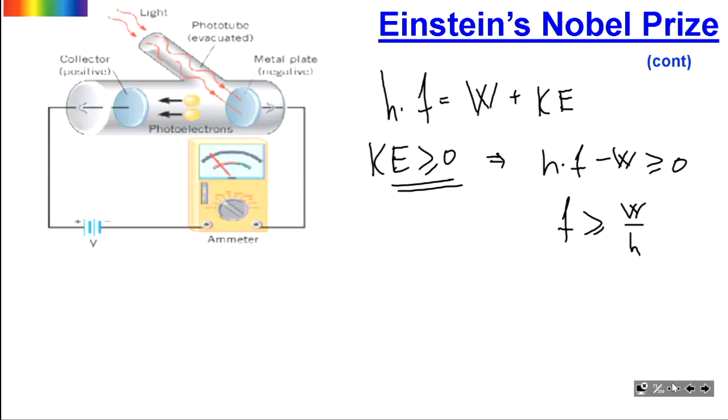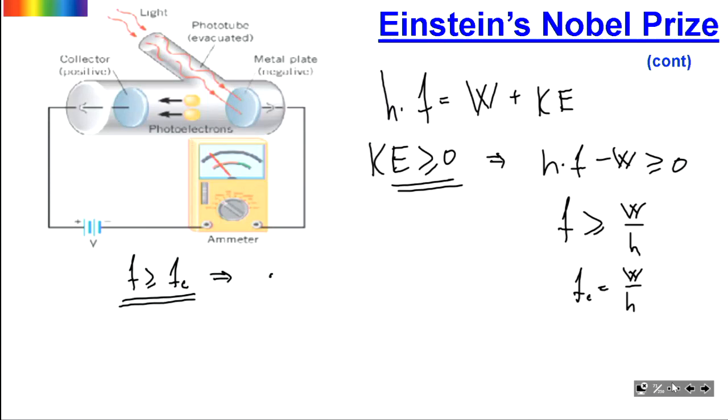It doesn't happen when the frequency is less. So this frequency has a name, the critical frequency. So in order for the photoelectric effect to happen, the frequency of light is supposed to be above that value or equal to.